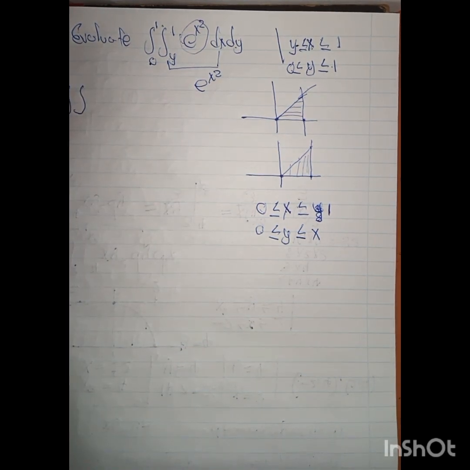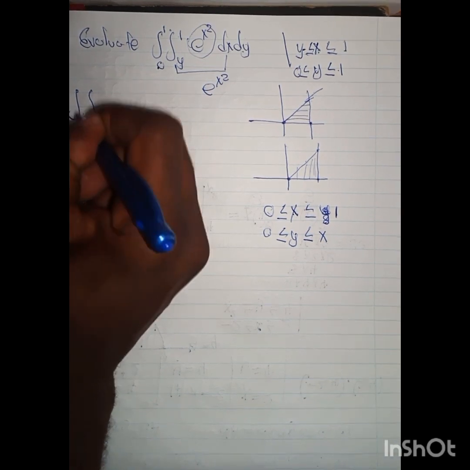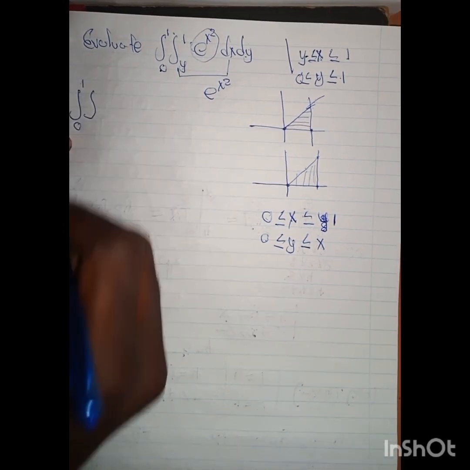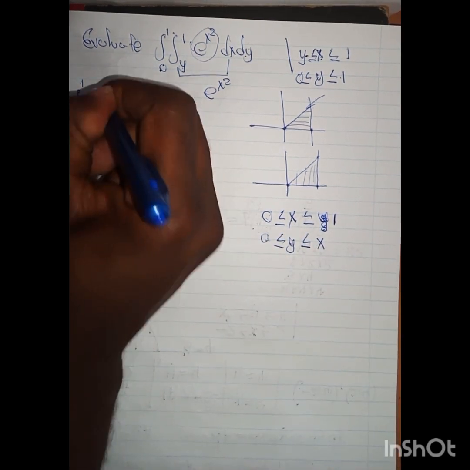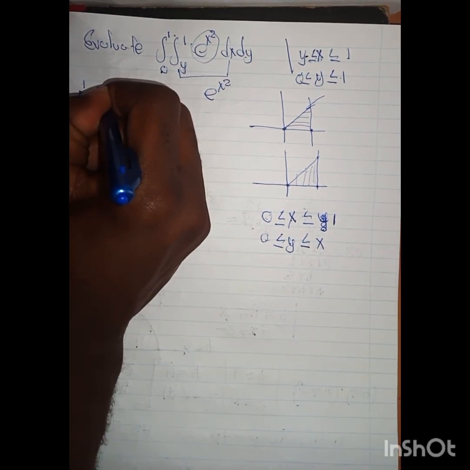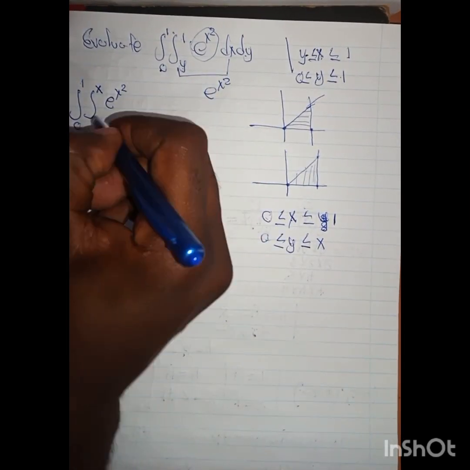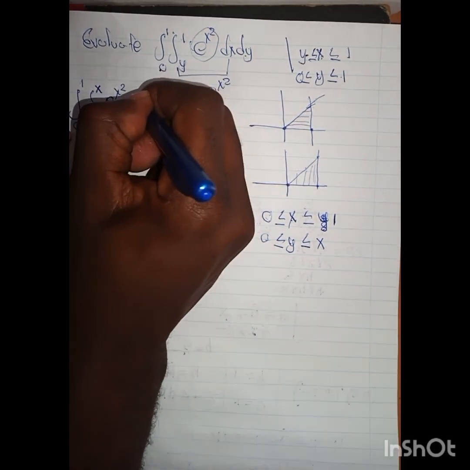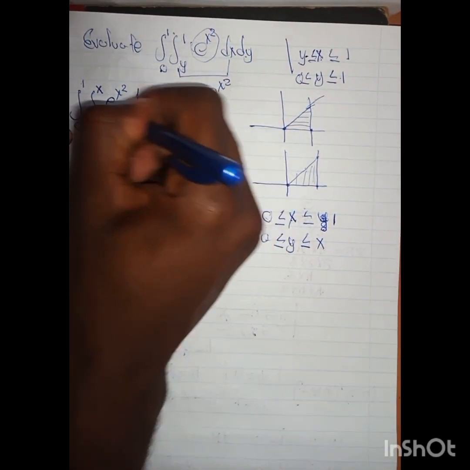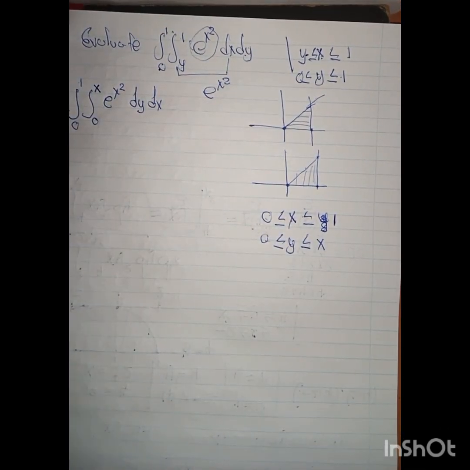Then y starts from 0 to x of the natural log e to the x squared. Because on the inside we have the limits of y, we must have dy, then on the outside we get our dx.